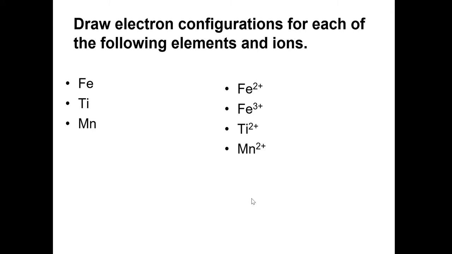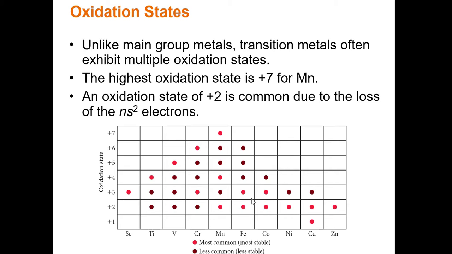One thing we saw in this exercise is that we have a lot of oxidation states possible, or at least we saw for iron that we had a couple of oxidation states possible. It turns out that we have a lot of oxidation states possible for a lot of the transition metals. So they often exhibit multiple oxidation states.